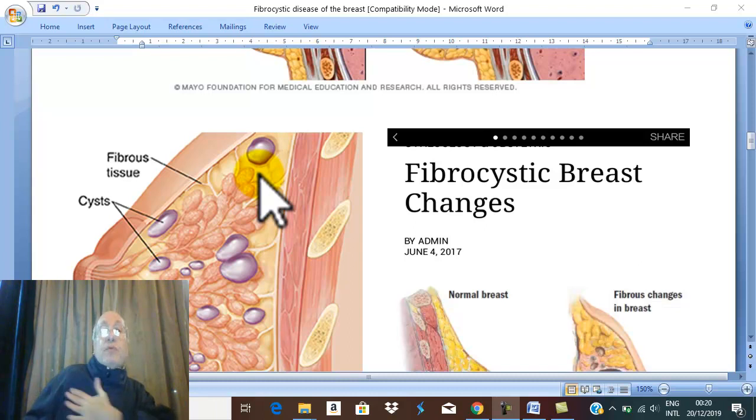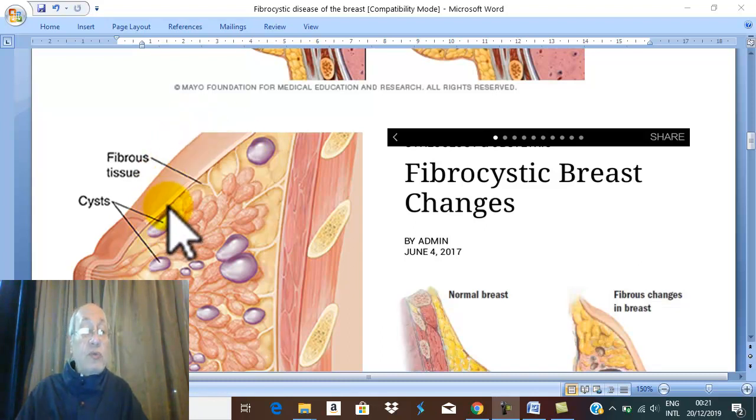Please, palpate your breast by the flat of the hand. Fibroadenosis, like the normal breast tissue, is an exaggeration of normal changes in the breast tissue, felt by the fingertips, not by the flat of the hand.